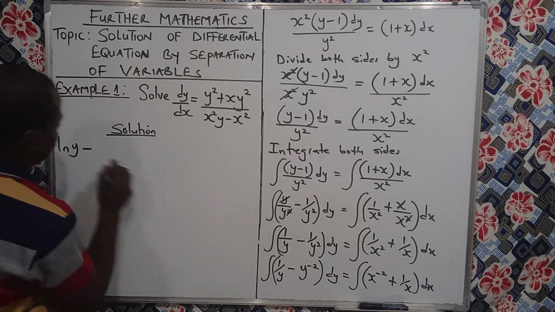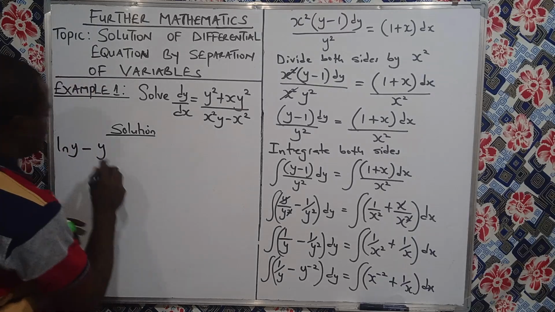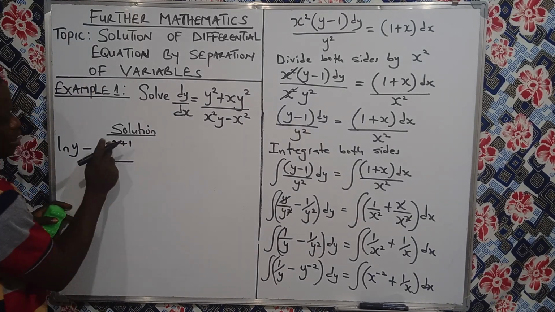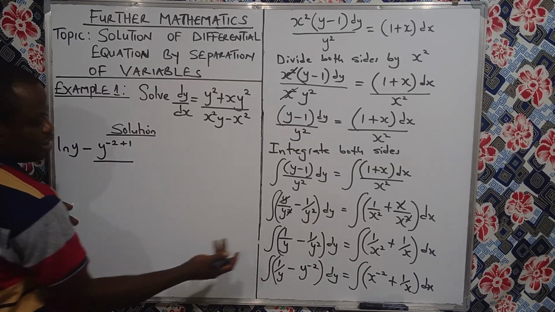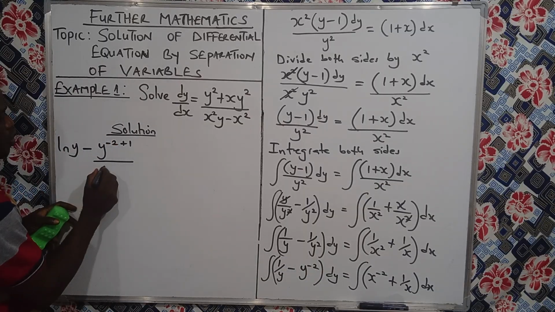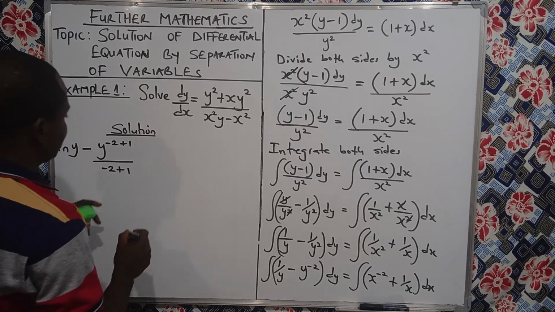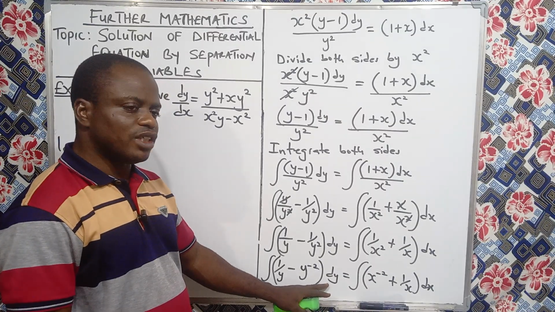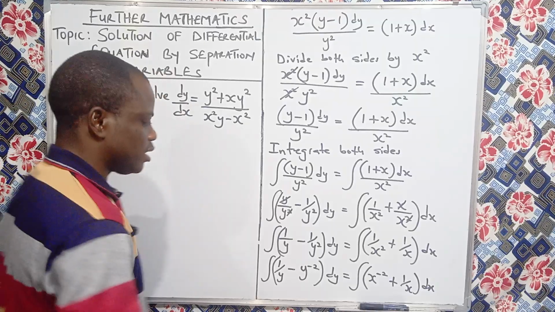Then in integration, you have y raised to power minus 2 plus 1, repeated at the denominator when you are removing the integral: y raised to power minus 2 plus 1 over minus 2 plus 1. That's for the left-hand side. And you don't need to write plus constant on the left-hand side. When you are solving it, the plus constant will reflect on the right-hand side.